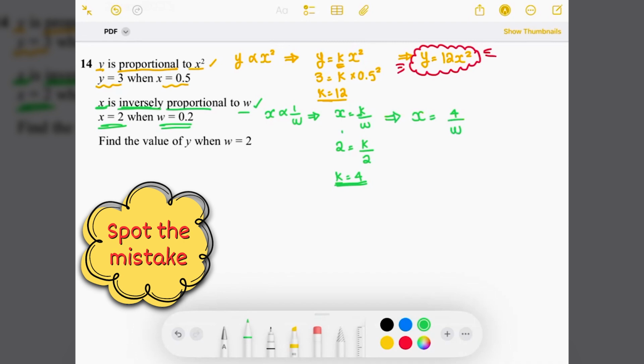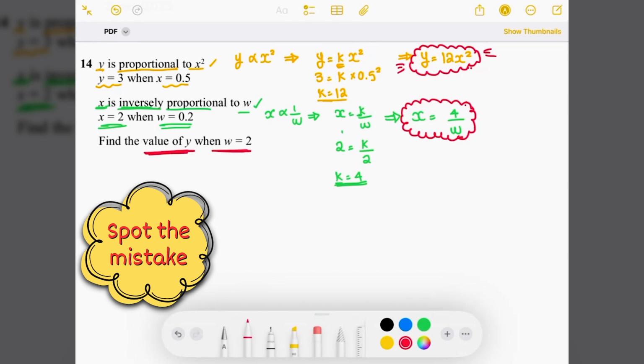I'm going to do the same thing. I'm going to put a bubble around this because that's all I care about now. And I'm going to forget everything I did before that. Now let's read the actual question. It says, find the value of y when w equals 2. Okay, so if I look at both of these equations, I've only got a w in the second one.